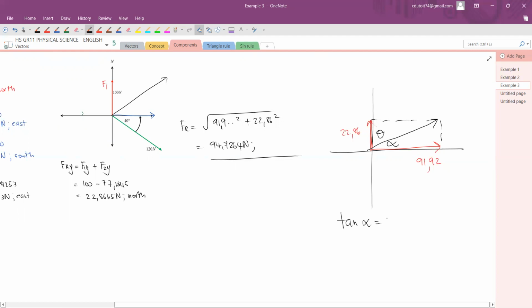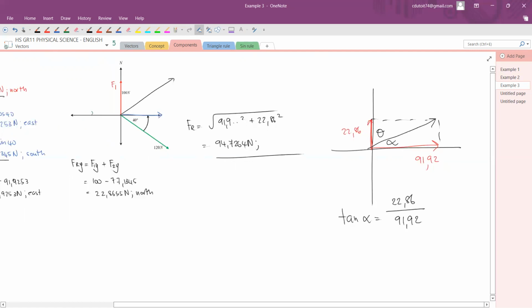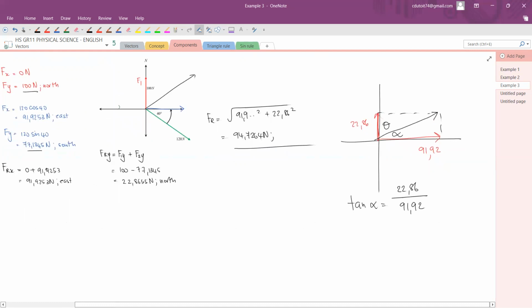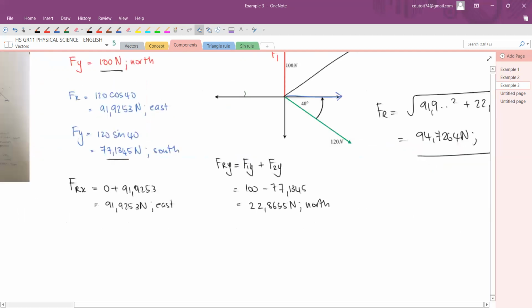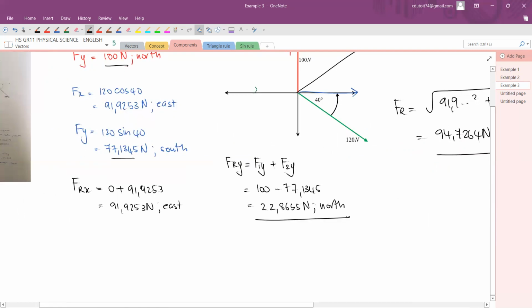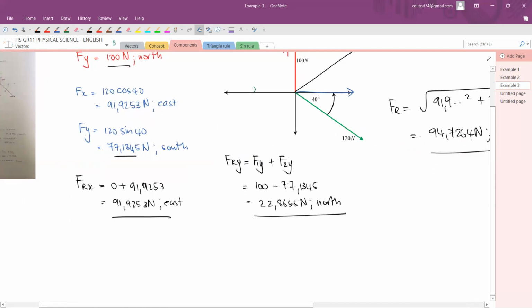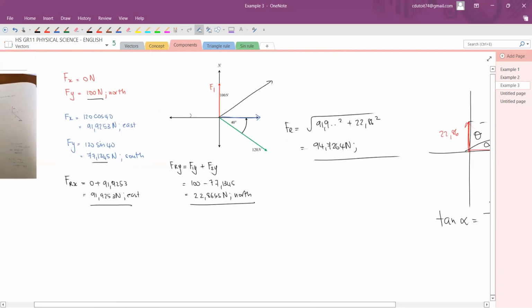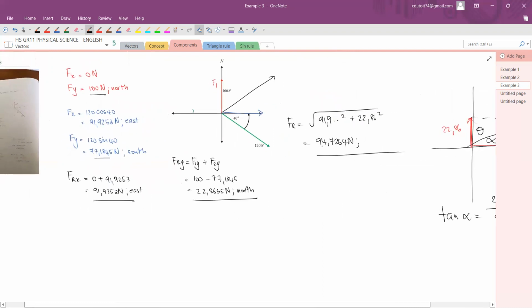Tan of alpha is opposite, which is 22,86 over adjacent, which is 91,92. So you made a small mistake there. You chose the two 90s instead of a 20. One of the resultant vectors or forces is 22 and the other one is 91. You used the hypotenuse side.